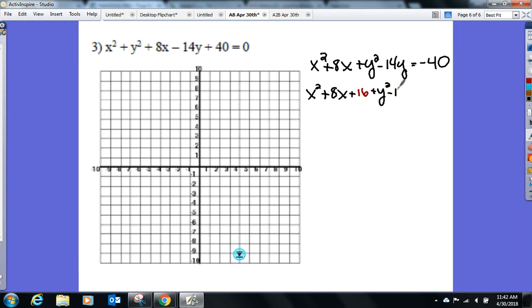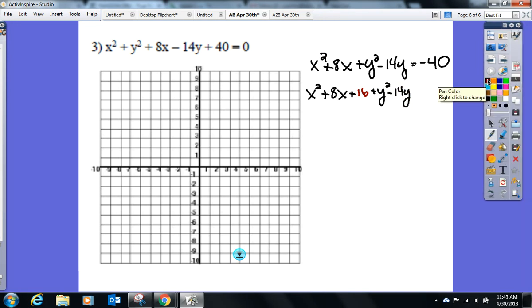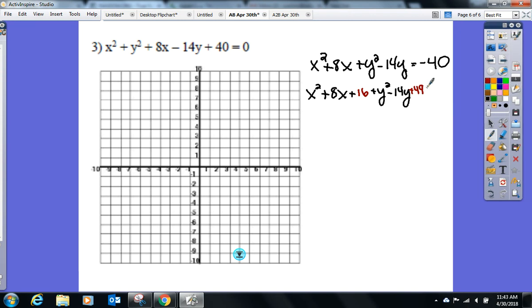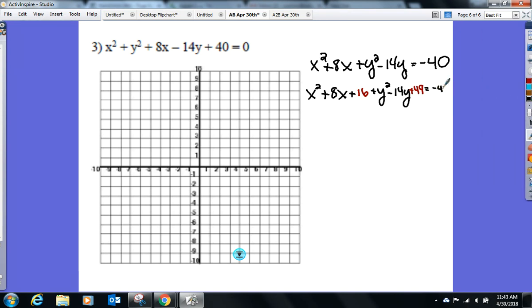What is my new c value on the y's? Half your b value squared should be 49. Good. It's tipping to the left. So what are we going to add to negative 40? 16 and 49. 65. Perfect. And that'll give me, ooh, nice, 25, right?